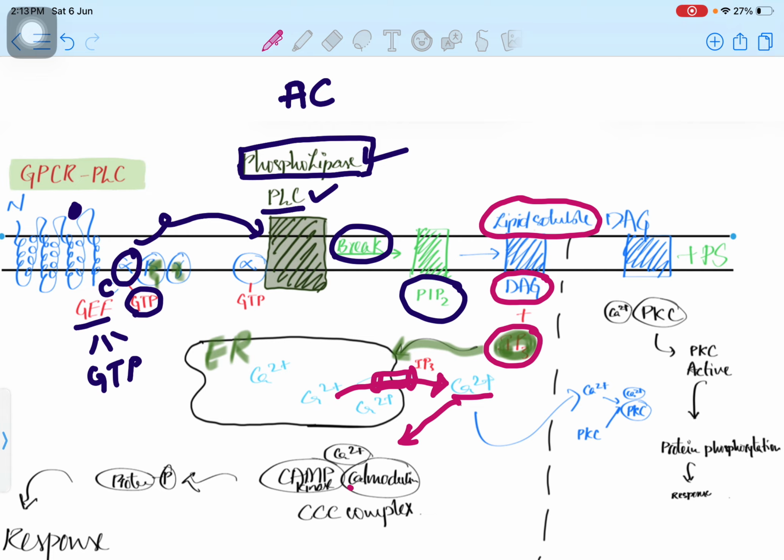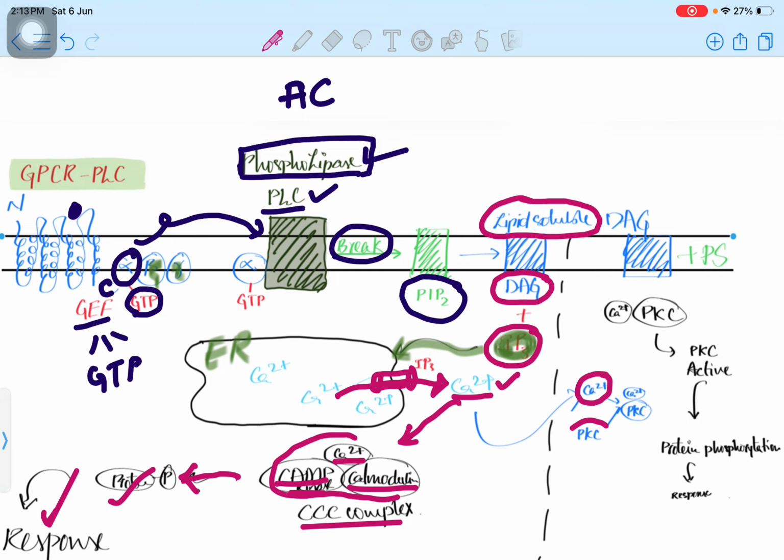After release of calcium, a few calcium ions will attach with calmodulin, and you can see the calcium and CaM kinase. The three Ca will attach and make a complex. After that, it will do phosphorylation of any protein, so the response will happen. It could be any sensory response.